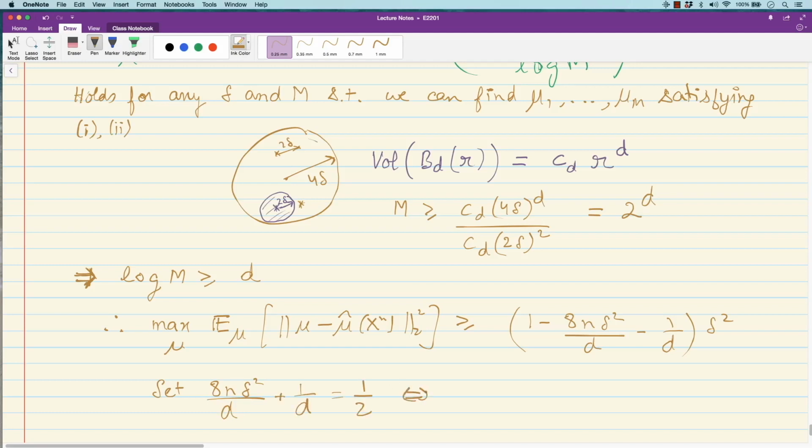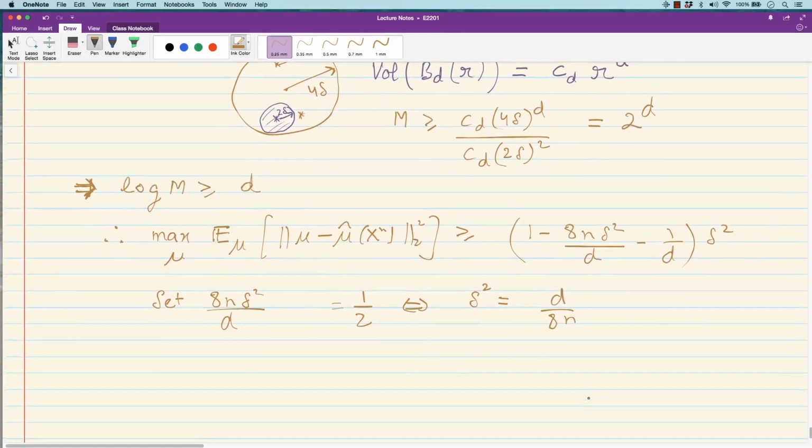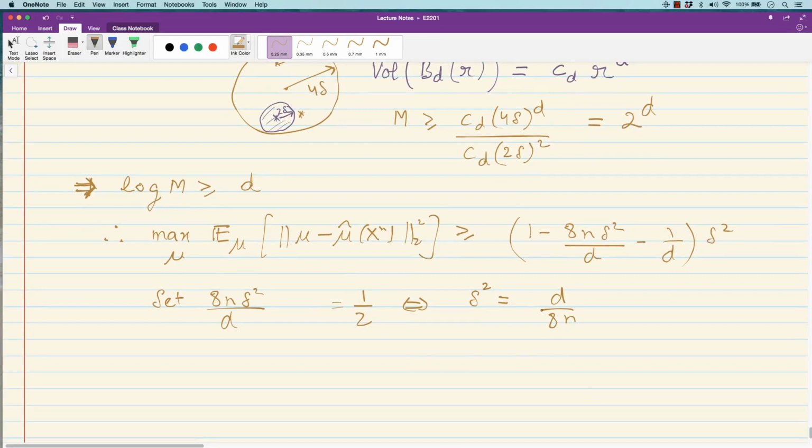So this happens if maybe this itself is half. Let's do this itself is half. This happens if and only if delta square is d by 8n. Okay, so for this choice of delta square equal to d by 8n, so delta equal to root d by 8n, this bound here evaluates to, this is half, so you have half minus 1 by d by 8n.